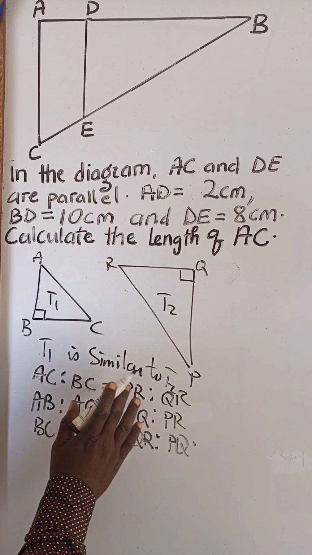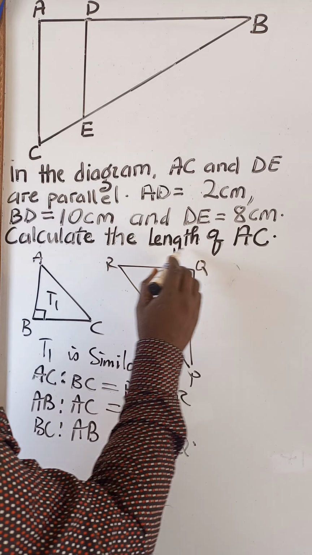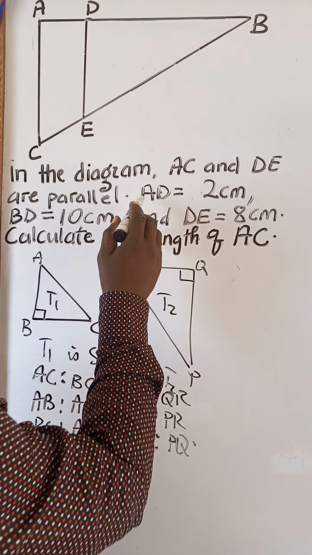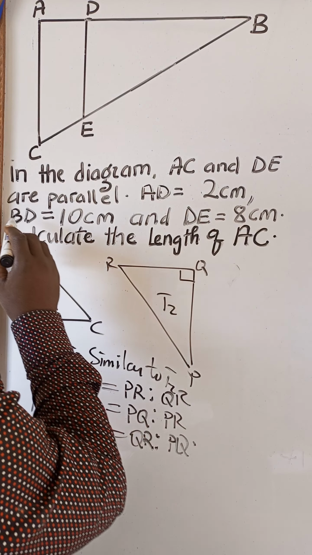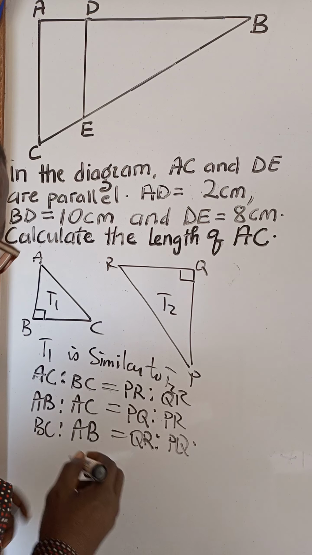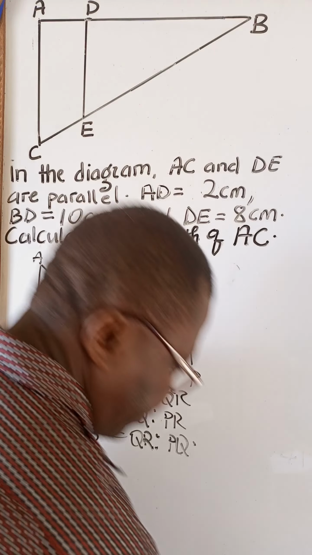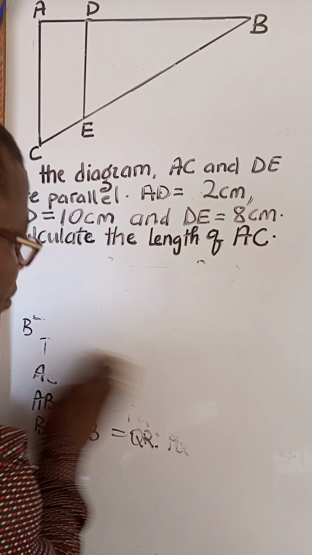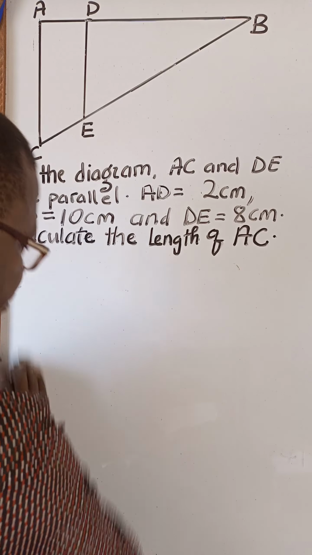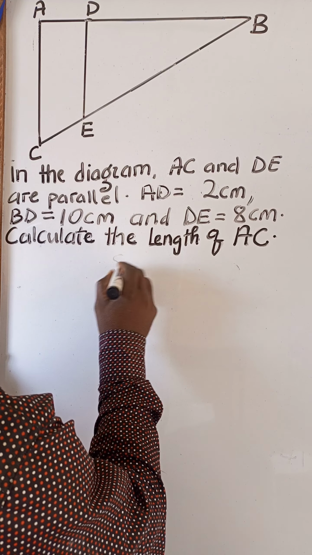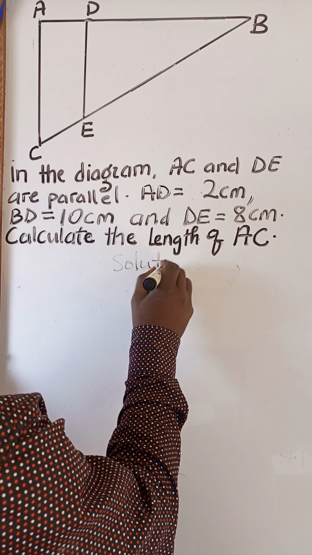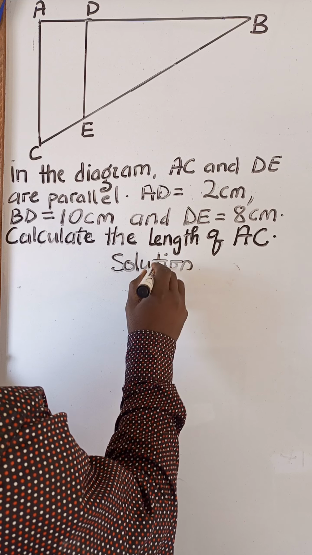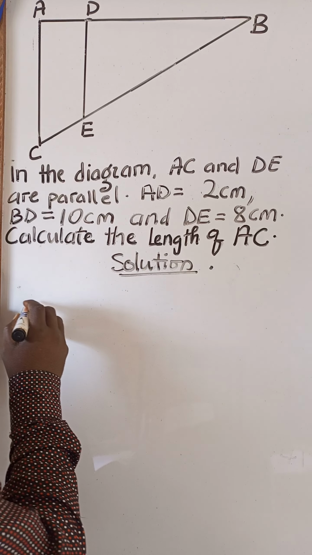With this background knowledge, we will now be able to find the length AC in this diagram, knowing the dimensions of AD, BD, and DE. Solution.